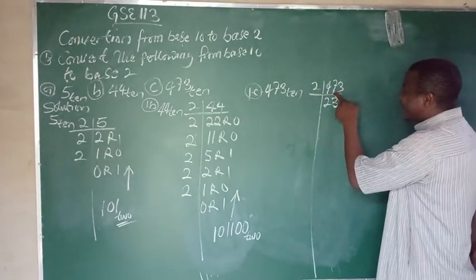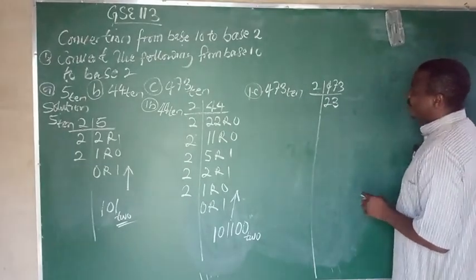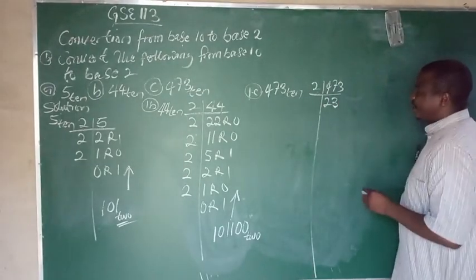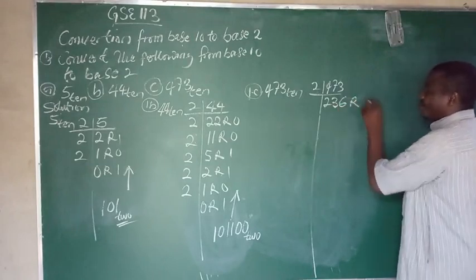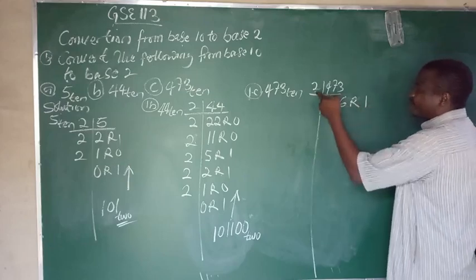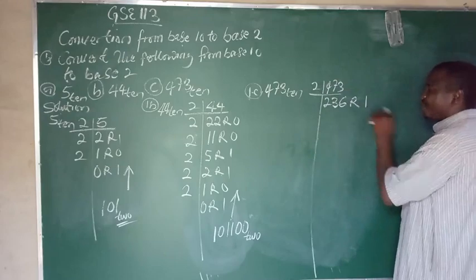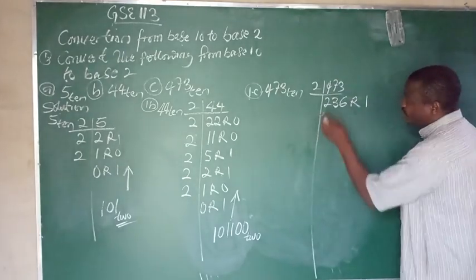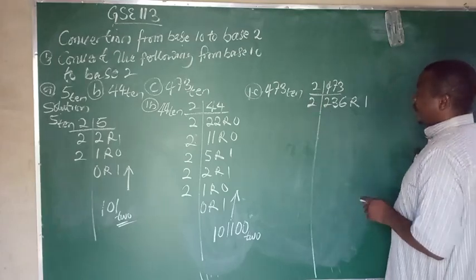Then the remainder here 1, we merge it with this 3, it will become 13. Then we say 2 into 13, it will go 6 times remainder 1, because 6 times 2 is going to give us 12, and here we have 13. That means we have remainder here 1. Then we go to the second stage and divide by 2 also.